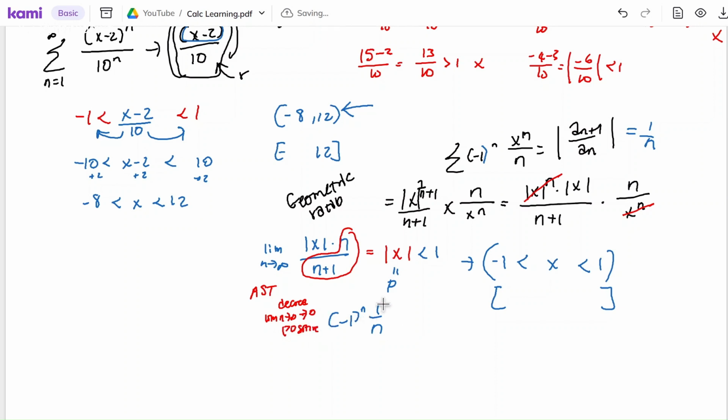So it passes the alternating series test. So that means the radius of convergence is going to look something like this, where the -1 isn't included, like this, but the 1 is included. That's the radius of convergence.